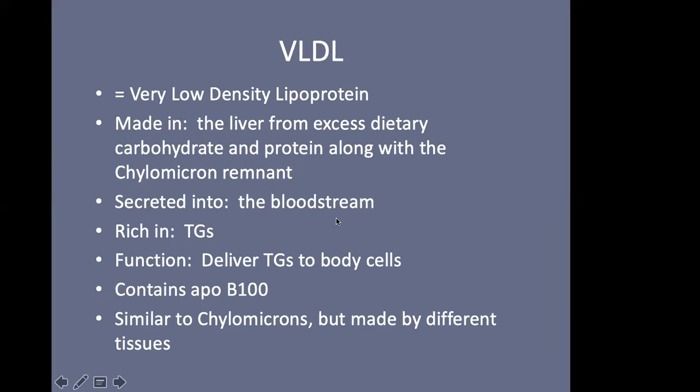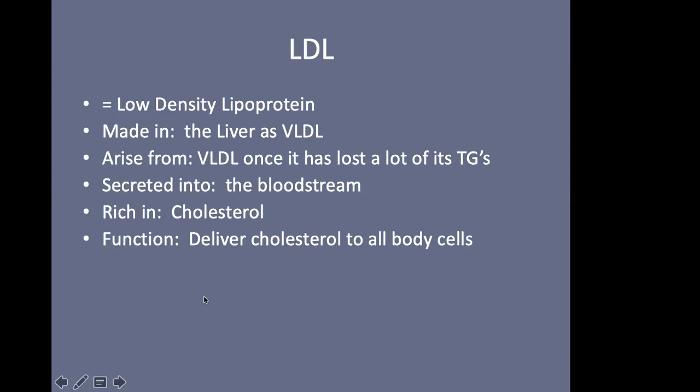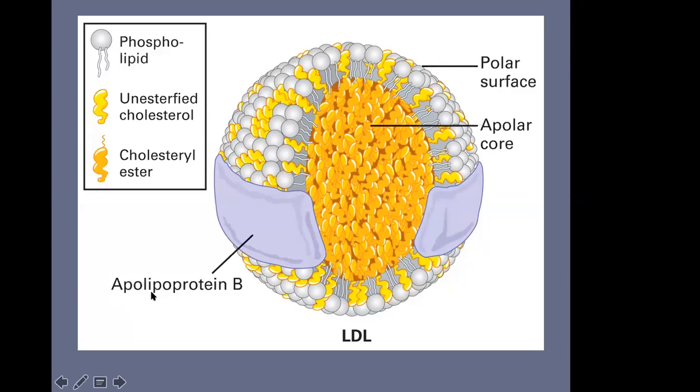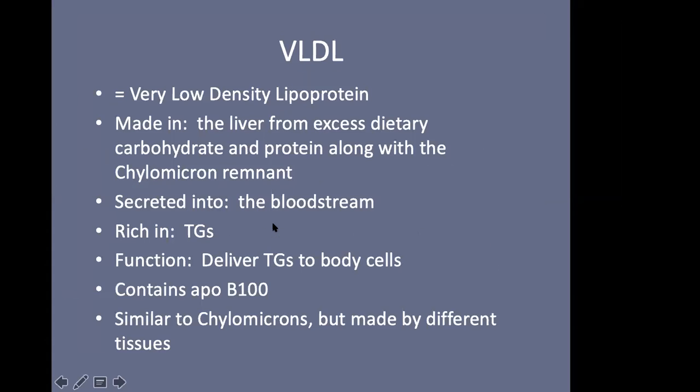It is secreted into the bloodstream and is rich in triglyceride. In the case of LDL, the apoprotein is apolipoprotein B. In the case of VLDL, this apoprotein is ApoB100. So remember it.